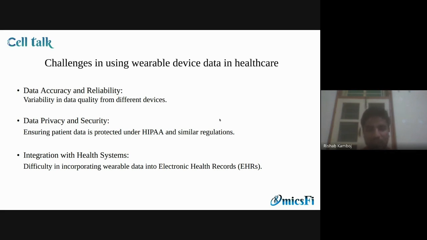It can be electronic health records, EHRs, where the centralized healthcare database of a person is stored, and various health providers can use that data for various kinds of research analysis, or to provide clinical solutions. So integration is difficult in that respect also.